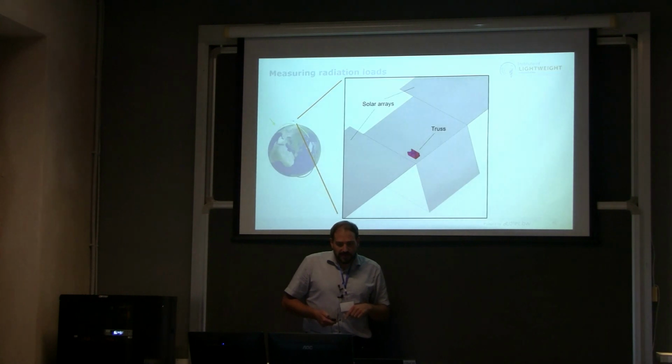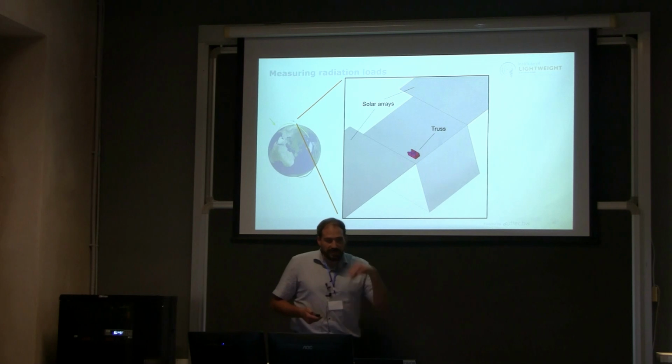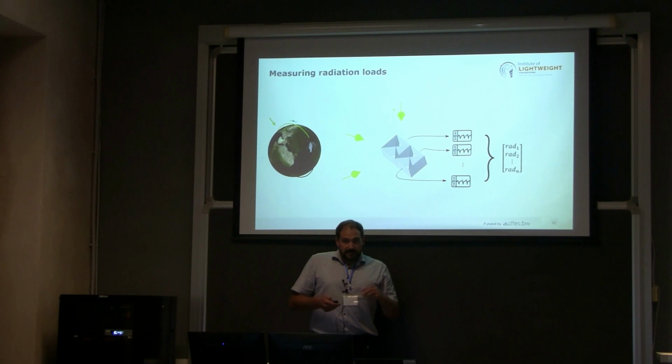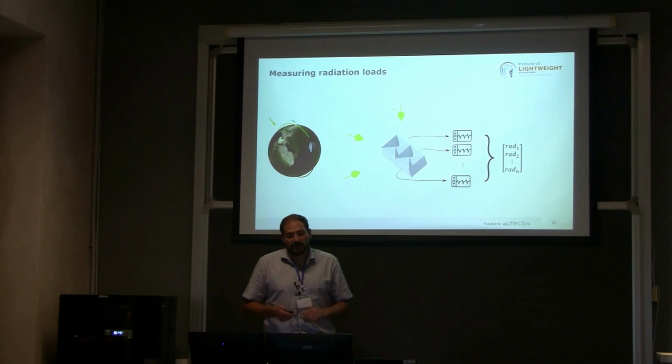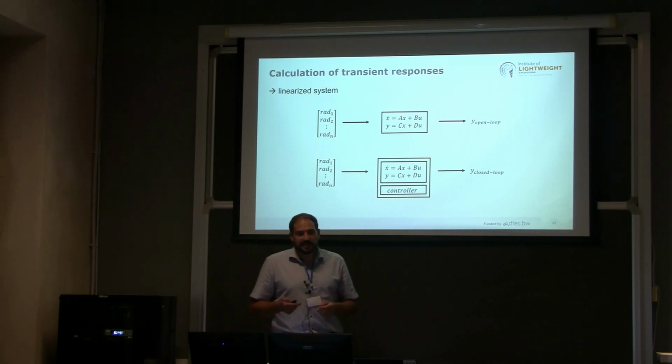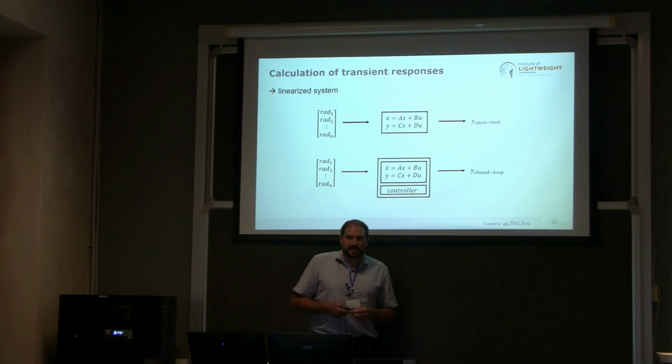And if you now look at the satellites more specifically, I put the truss as an experiment on the outside of the satellite, and I calculate the radiation loads that come to the structure, and I measure those radiation loads and save them in a vector or a matrix. And then for the transient responses, I calculate them using a standard state space linearized system. This is computationally more efficient. Also, I can add a controller and also investigate that.